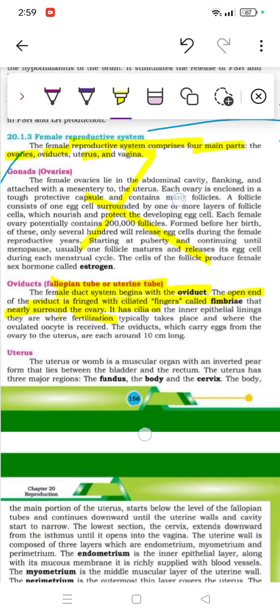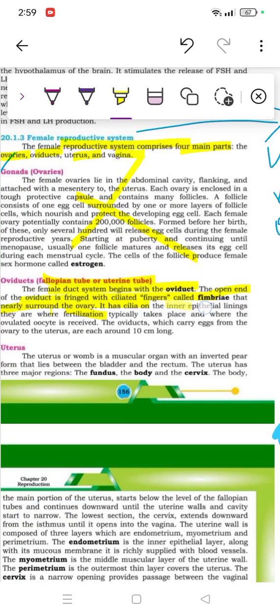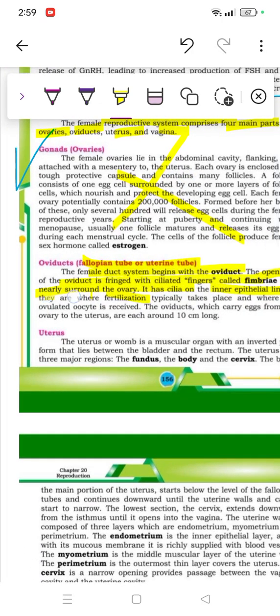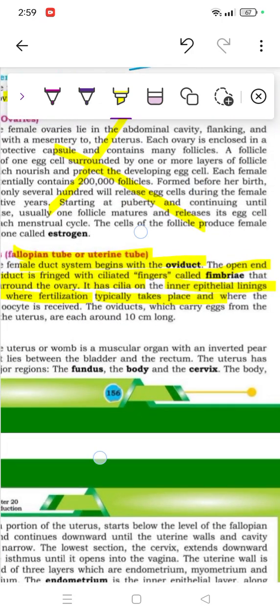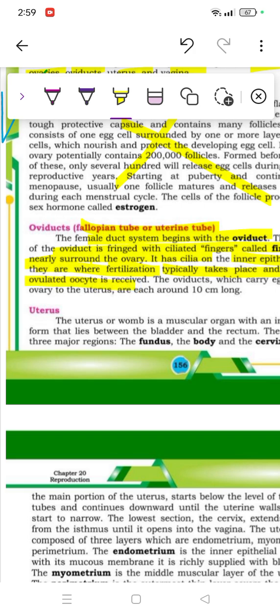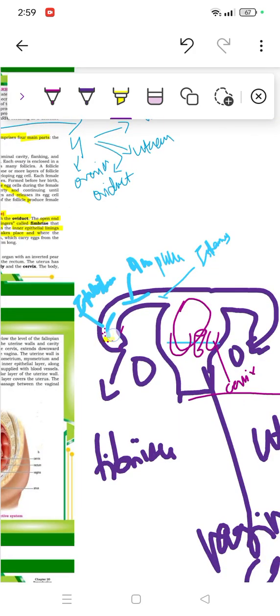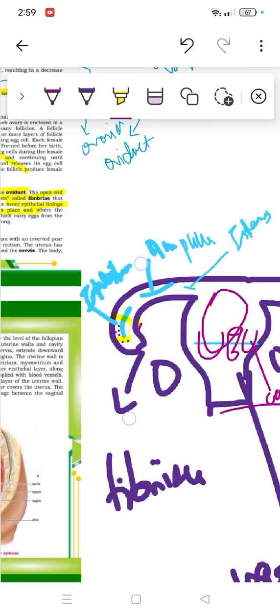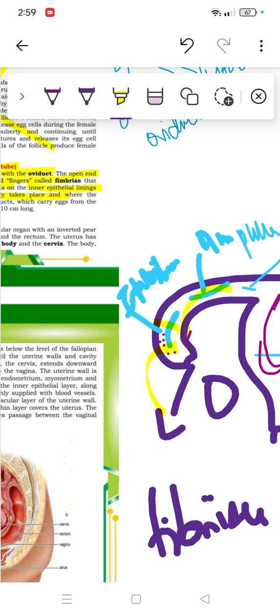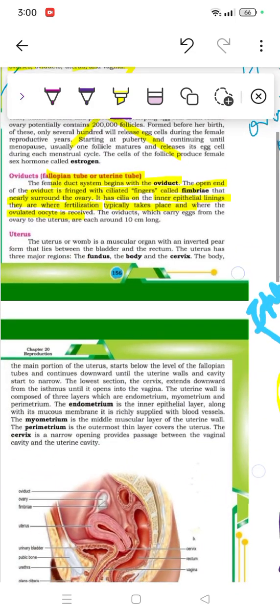As I mentioned, it has cilia on the inner epithelial lining. They are where fertilization typically takes place and where the ovulated oocyte is received. Sometimes the sperm comes directly over here, and the egg has just shifted here, and the sperm is directly going to fuse. So this means a lot of things happen here.